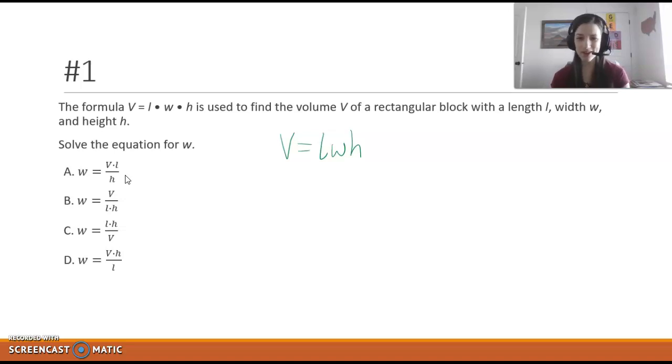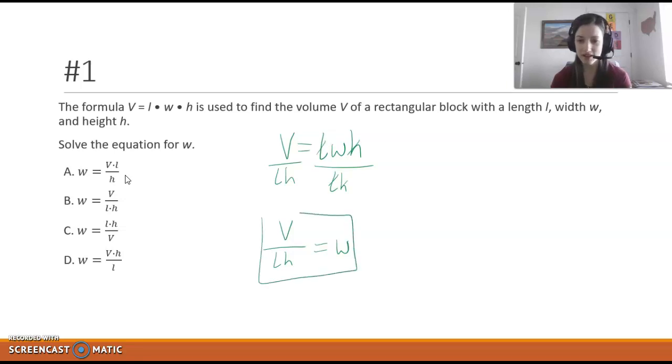So I notice that all of these are multiplying. So to get L and H to the other side of my equation, since they're multiplying, I'm going to divide by L and H at the same time. When I do that, I get V divided by LH equals W. Because our L's and our H's divide out, now I'm left with just W. So that is going to be our answer.